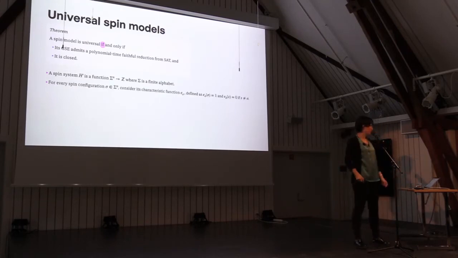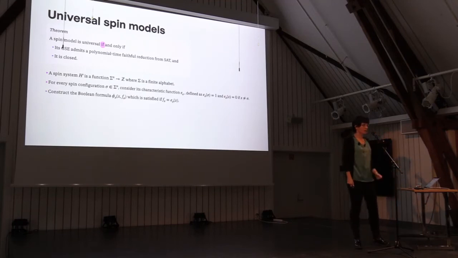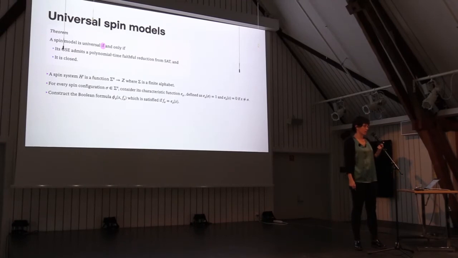Take a spin system, which is just a function from a finite alphabet to the n to, say, Z. Z are the energies. Now, for every spin configuration sigma in sigma n, consider its characteristic function E sigma, so that when evaluated on sigma it's 1, and when evaluated on anything else it's 0. Construct the Boolean formula phi sigma on a bunch of Boolean variables x and a so-called flag spin, f sub sigma. This Boolean formula, I tell you from the beginning, is satisfiable.